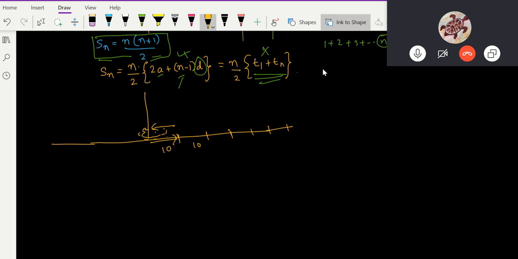So he increases his distance by 10 every time, and the total distance is 200 meters. So, what is the total distance that he will travel?